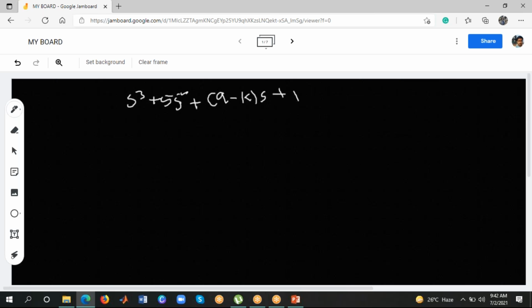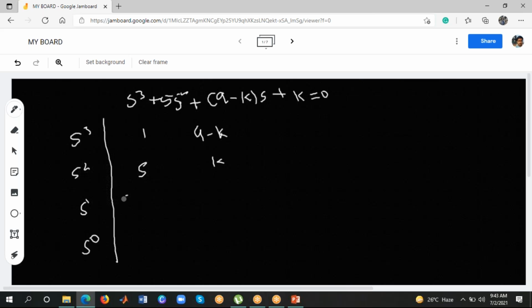So now I am going to construct the Routh array for this equation. S cubed, s square, s power 1, s power 0. So you will get the coefficients 1, 9 minus k, next 5, k.